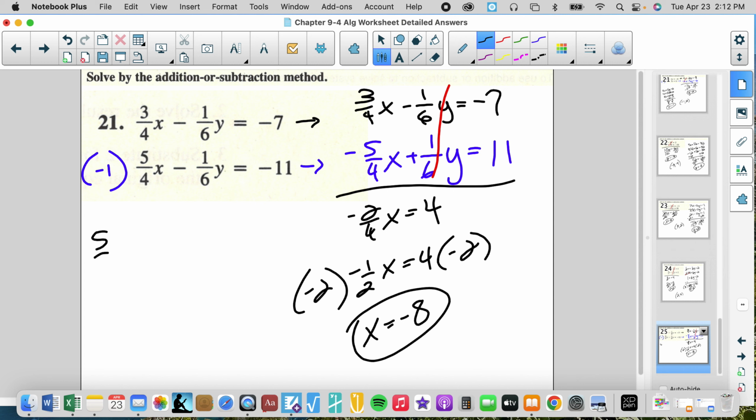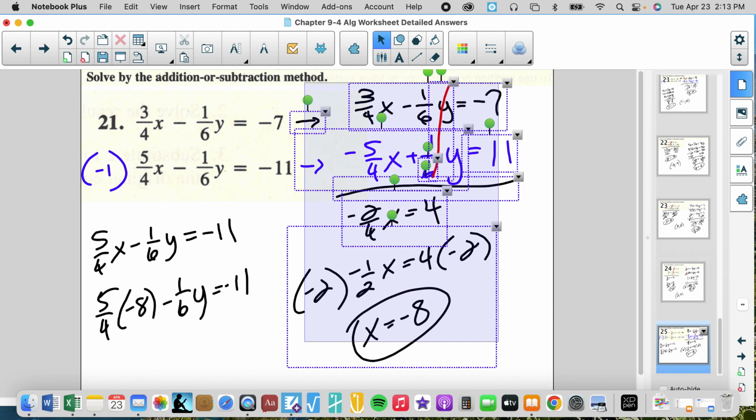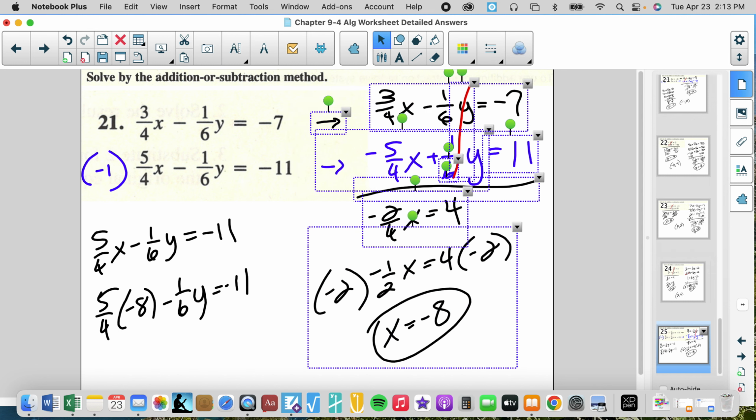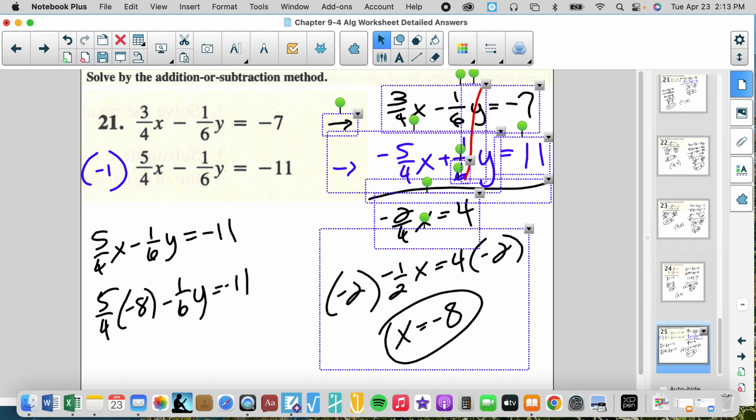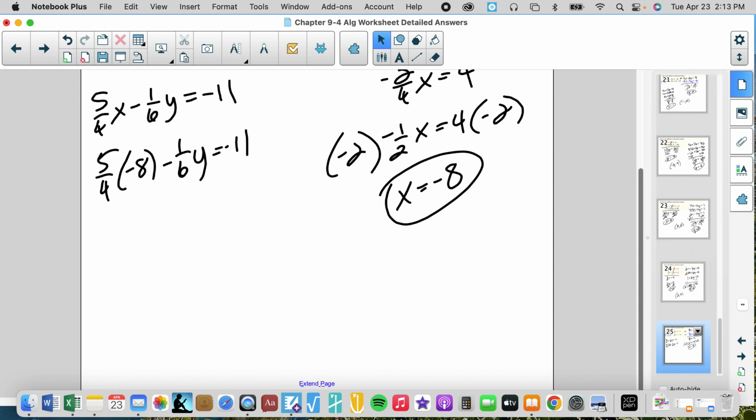Let's pick an equation. We'll pick the bottom one, 5/4 x minus 1/6 y equals negative 11. We'll plug in negative 8 for x. Let's move you over a tad, just for a little bit of space. Good. The 4 in the denominator is going to cancel with the 8 in the numerator.